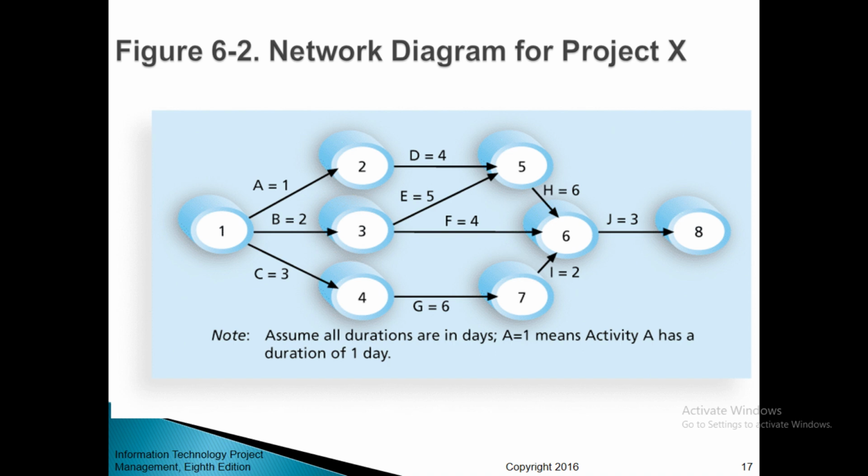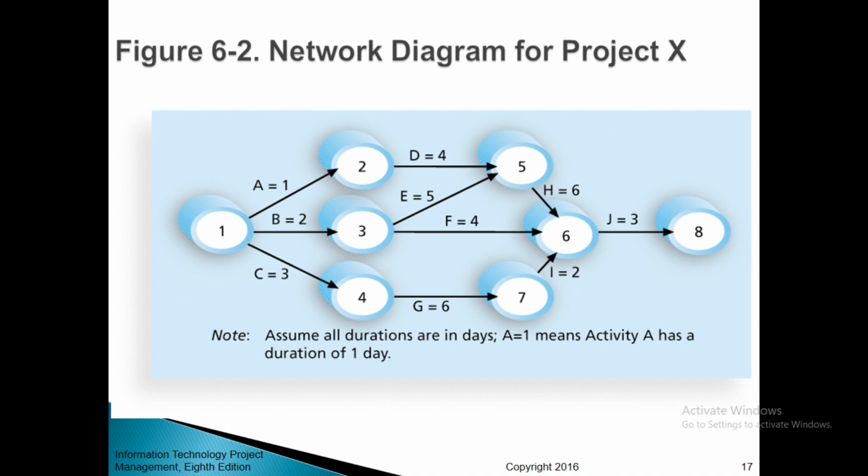Figure 6-2, network diagram for Project X. This figure shows a sample network diagram for Project X. Note that the main elements on this network diagram, the letters A through G, represent activities with dependencies that are required to complete the project.